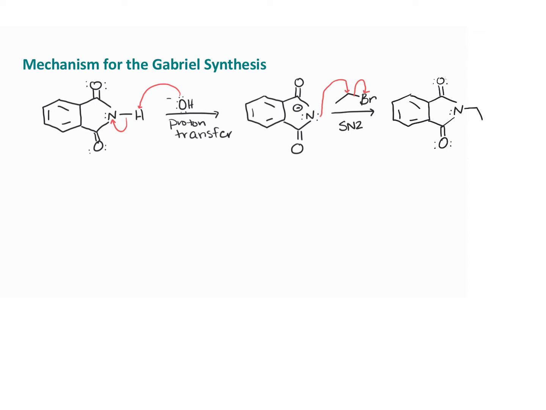All right, so now what we're going to do is add the OH minus. And when we look at this, this is going to be exactly what we saw in the previous mechanism to convert an amide to a carboxylic acid.